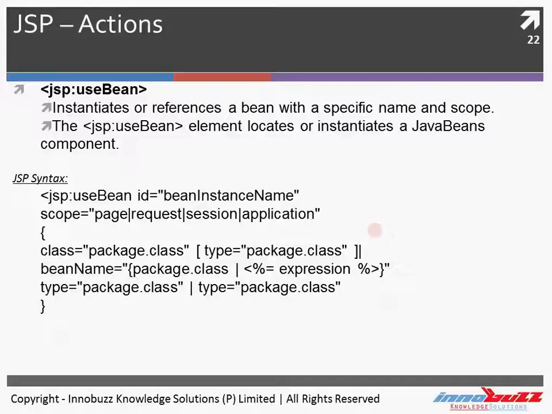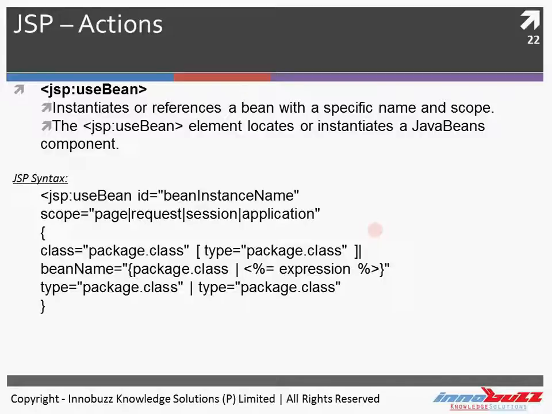Session: you can use the bean in the same session as the JSP page that created the bean. Application: you can use the bean in the same application as the JSP page that created the bean. The bean exists across an entire JSP application, and any page in the application can use the bean if you use the scope as application.